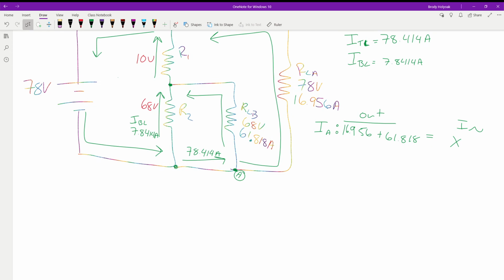The next step we can come to is we can move back a node, because again, we have two values coming out of the node and only one other path coming in. So for these guys to be equal, what currents do I have at node B? So we've got out and in.